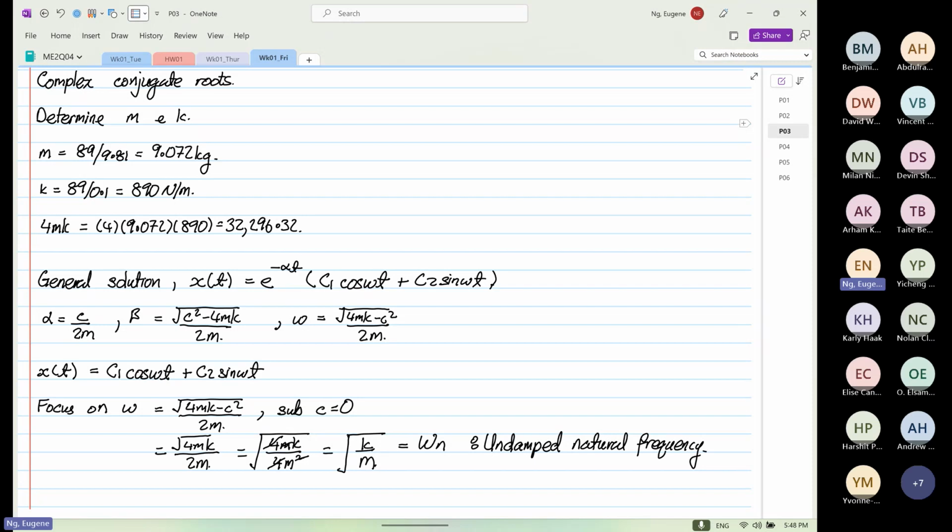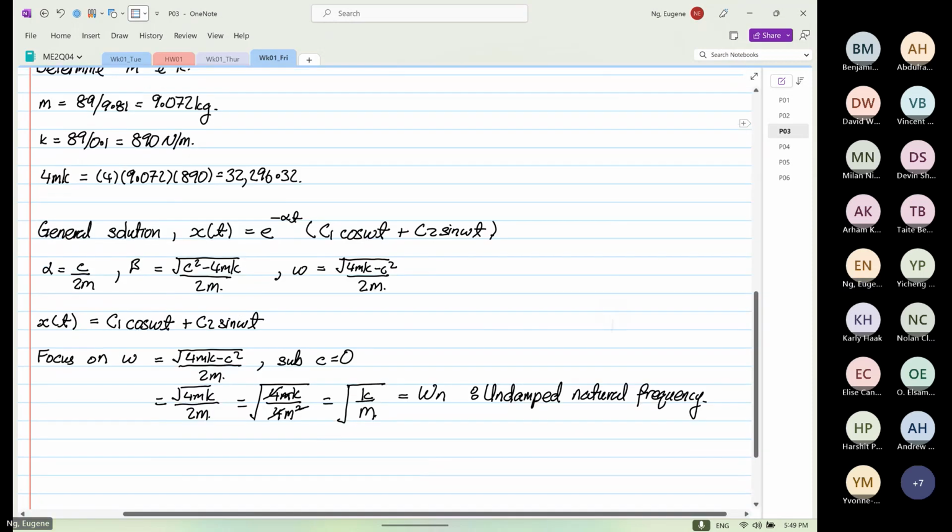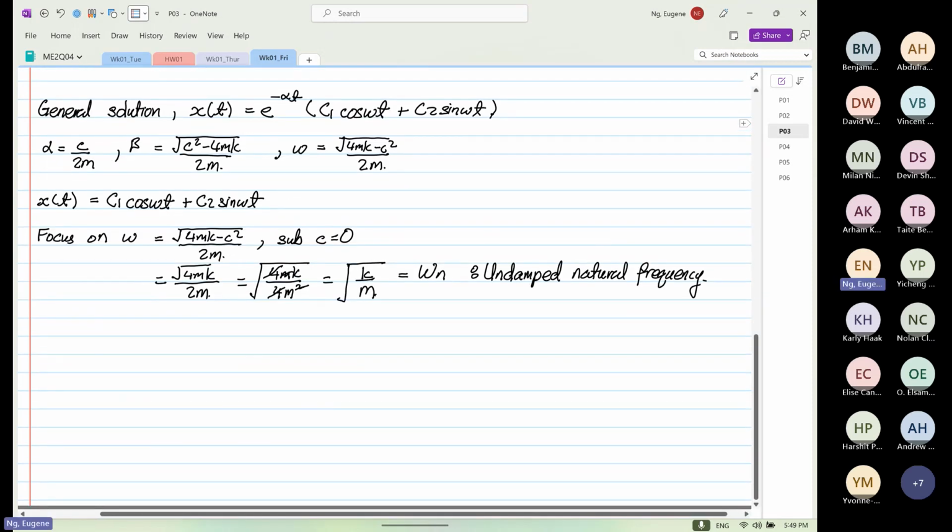Because the frequency that we impart onto the object reaches its natural frequency. So what happens to the system when it hits its natural frequency? The next graph I'm going to draw shows what's going to happen.